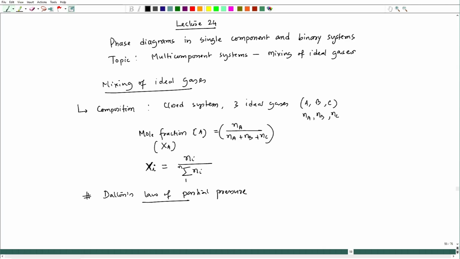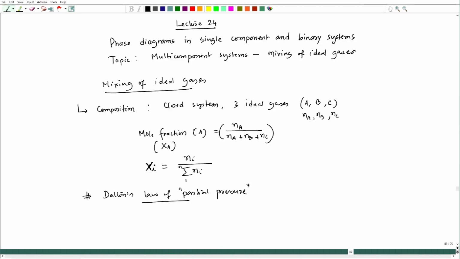What will be the contribution of each of the component gases towards the total pressure of the system? If I want to learn that, we have to use Dalton's law of partial pressure.